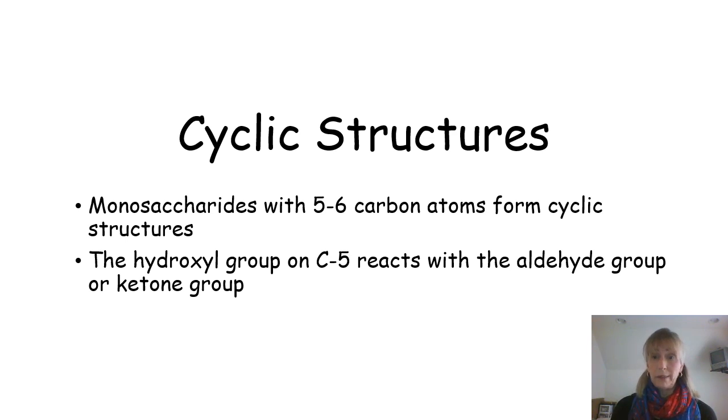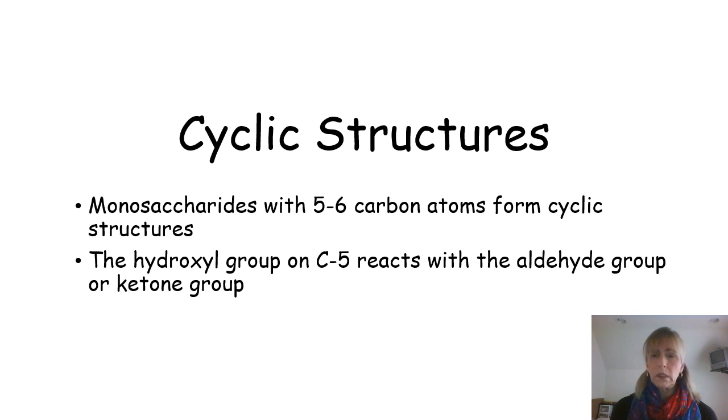How does that happen? Well, the hydroxyl group on carbon 5 reacts with the aldehyde or the ketone group. And when that happens, you end up with a stable 5 or 6 membered cyclic structure.